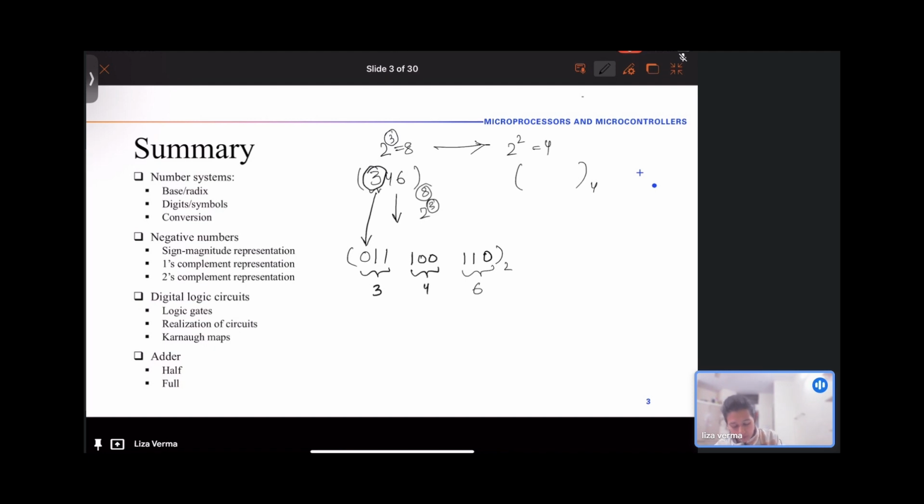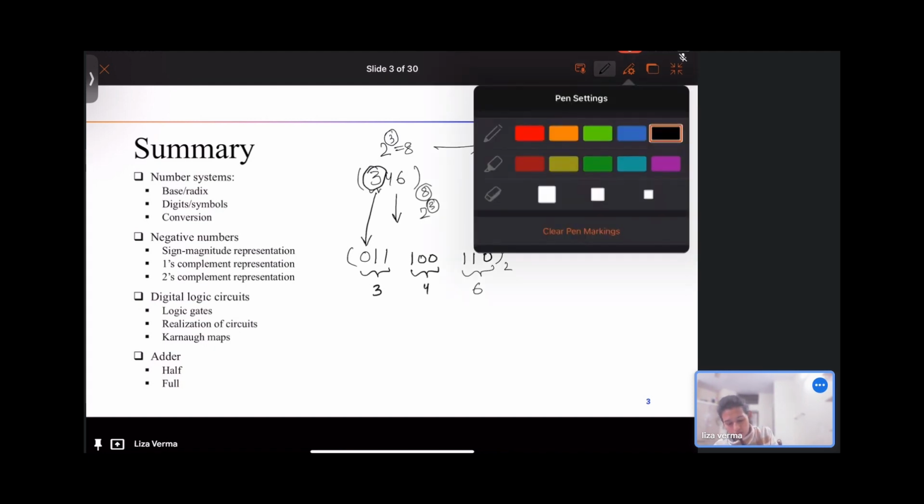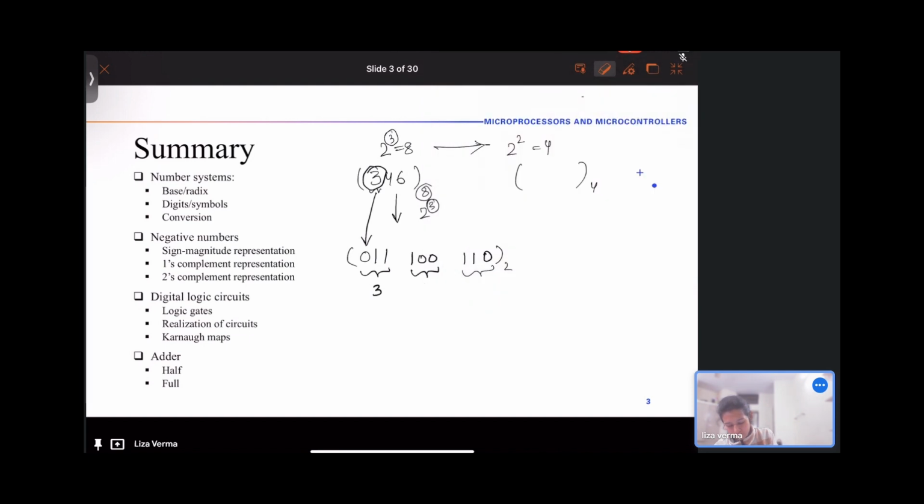So to convert this to a number system with base 4, we'll have to make pairs. Now for converting a number from base 8 to binary, we made groups of 3.